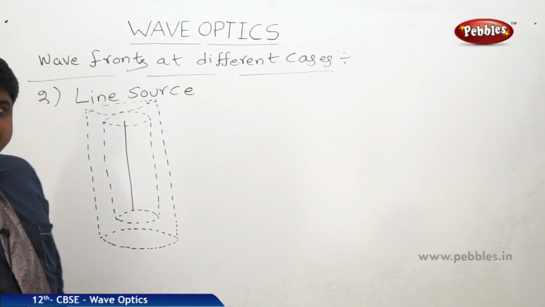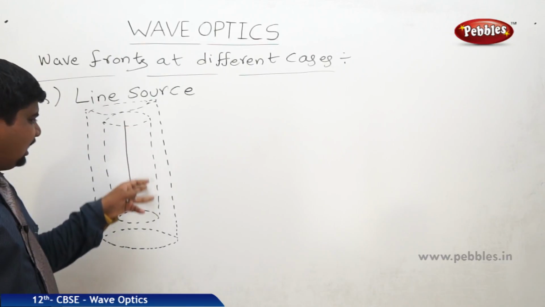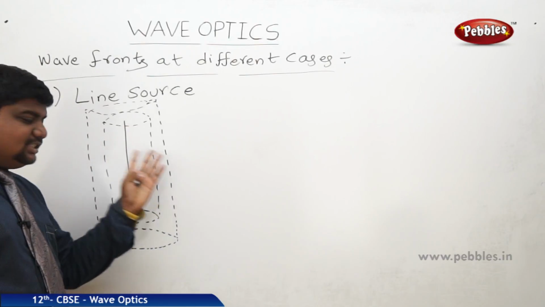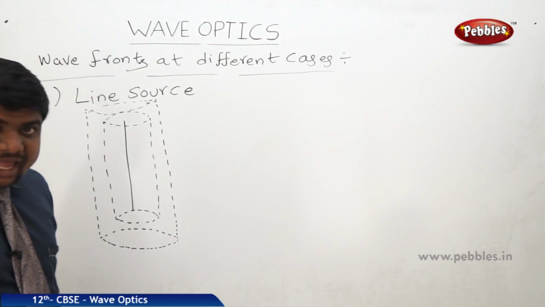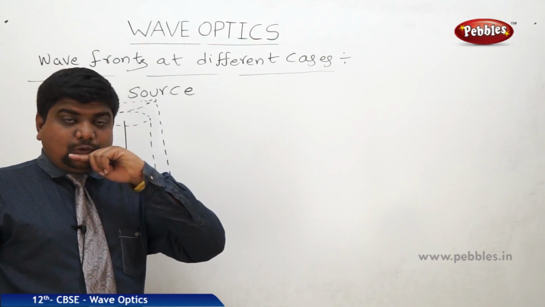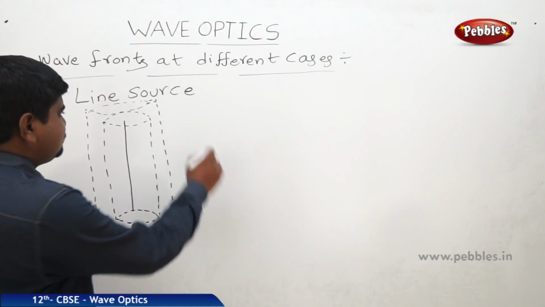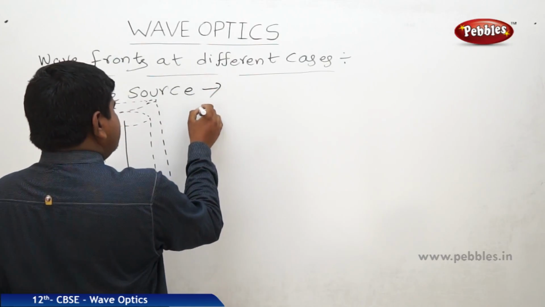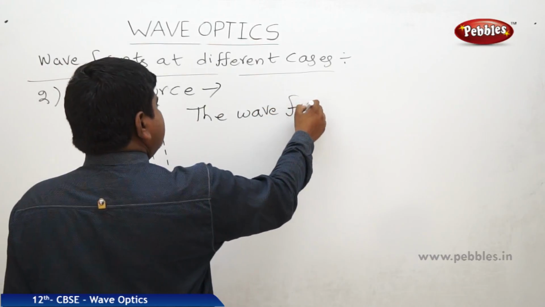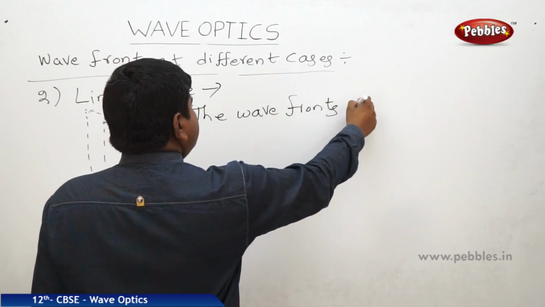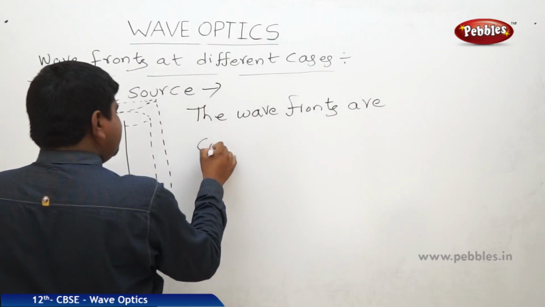So like this, coaxial cylinders, where the line source is tangential to every cylindrical surface, which is similar to the line charge distribution with respect to the coaxial cylinders in Gauss law. So if it is a line source, the wavefronts are coaxial cylinders.